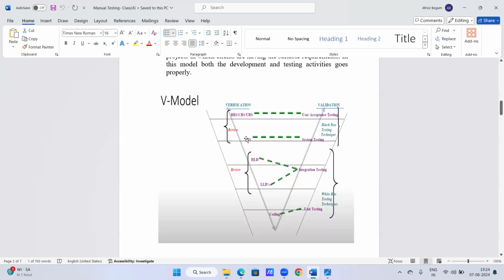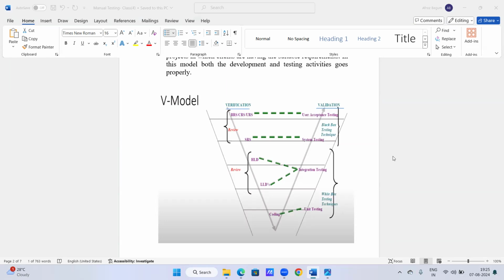So the SRS document, who prepared this document? Do you have any idea, Vinod? Yeah, project manager or product manager. And HLD, LLD, who prepared these documents? If you know, you can tell me.